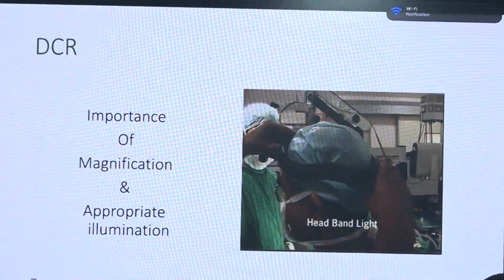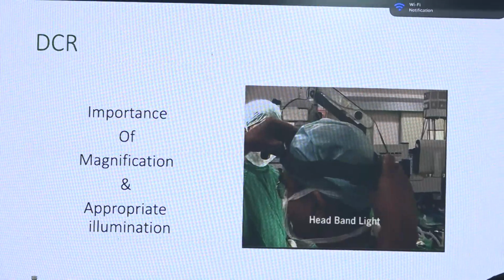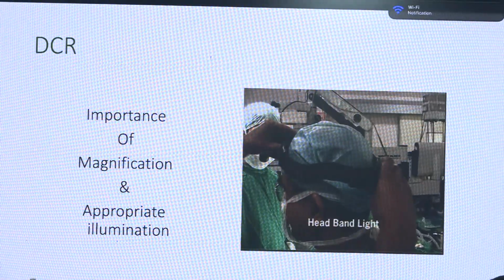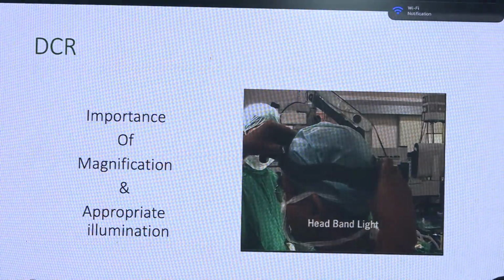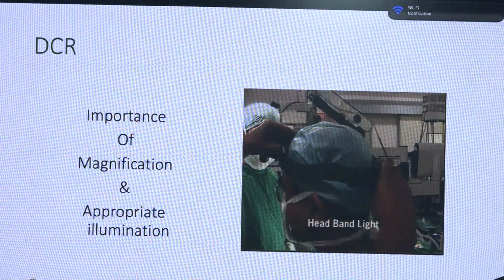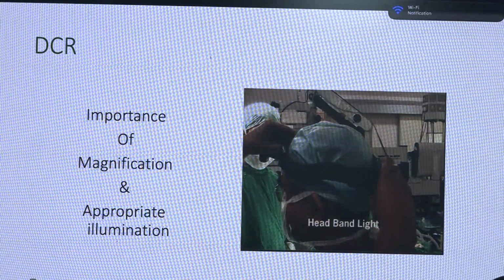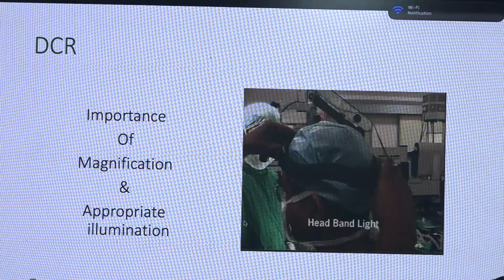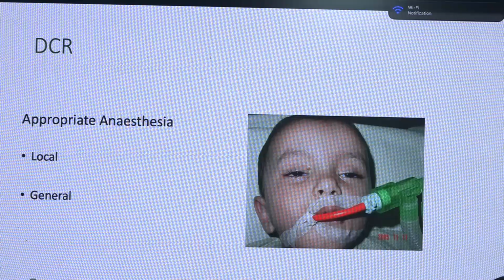But if there is a limitation of visual field and you need to use your foot switch frequently to focus and depth as well as to do the lateral movements, a headband light can be a very, very good tool in these cases, with magnification.